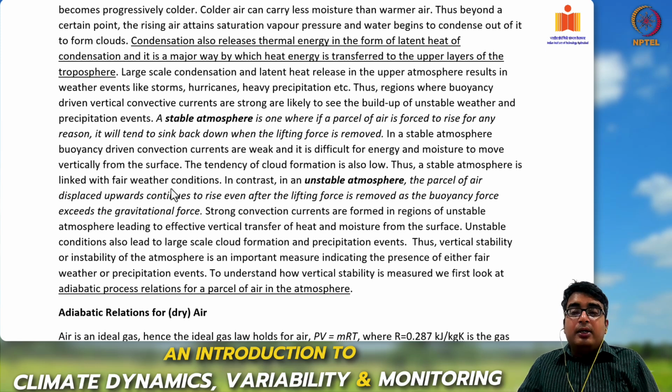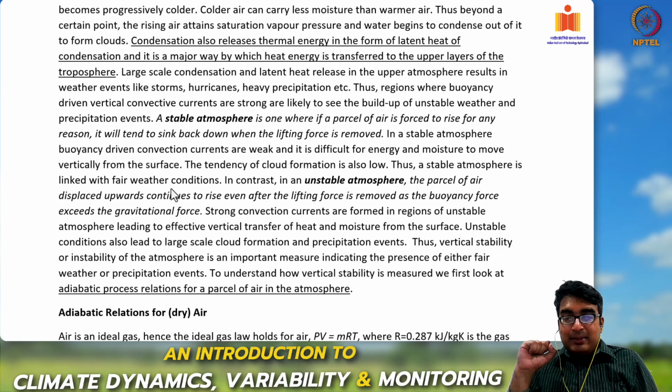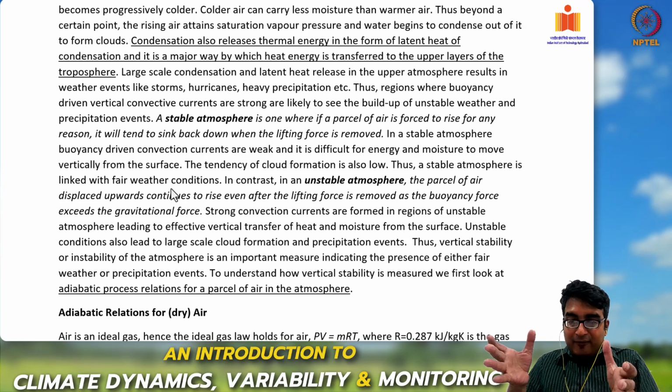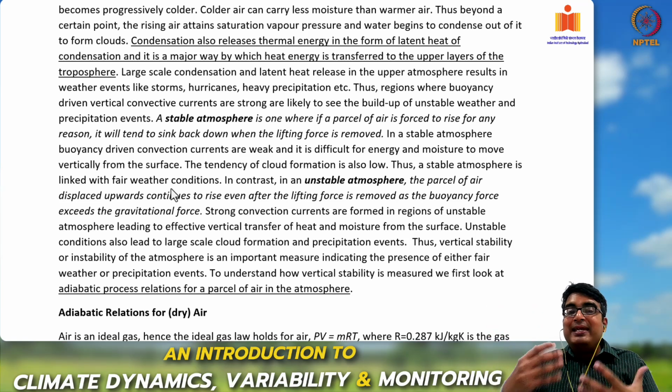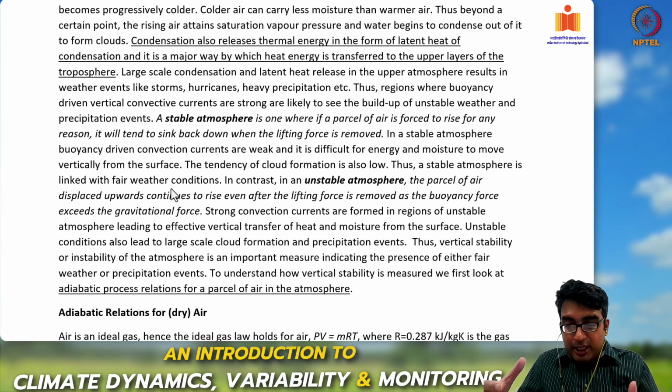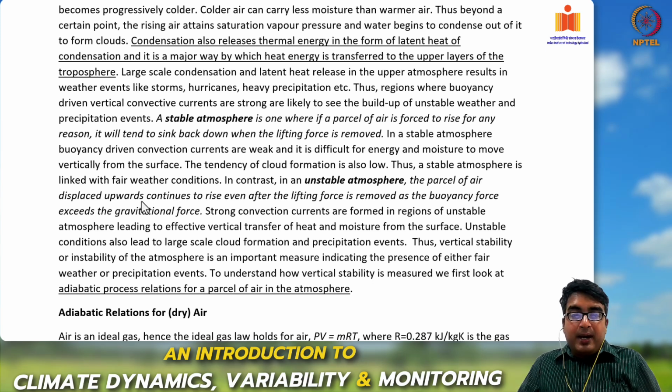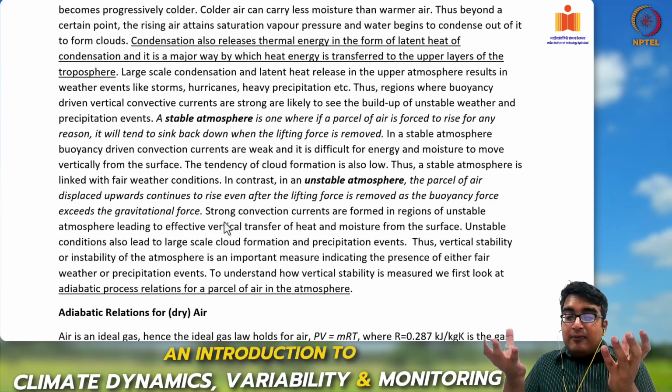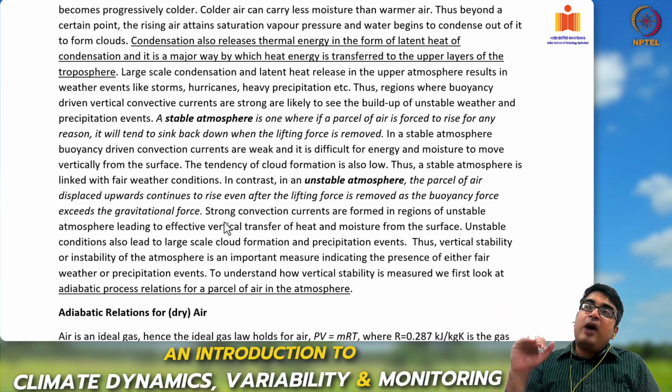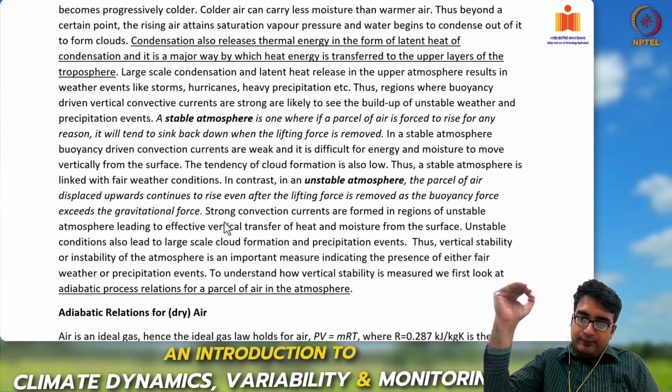Contrast this to the case of an unstable atmosphere, where if a parcel of air is displaced upwards, it automatically creates a condition where a force is generated that tends to move it further upwards. So, if a parcel of air is displaced upwards, it continues to rise even after the lifting force is removed, as the buoyancy force exceeds the gravitational force. So, the buoyancy force is increasing as you move up in altitude, so that it moves upwards continuously.